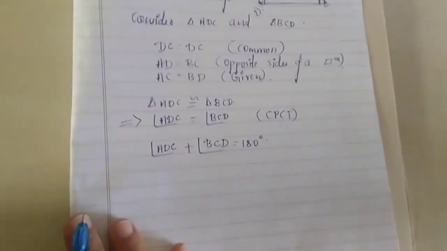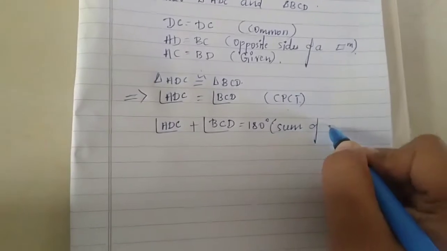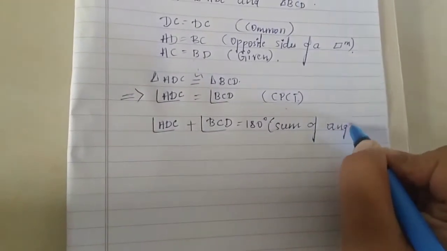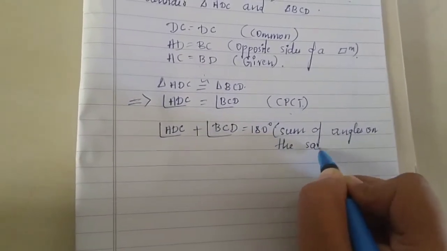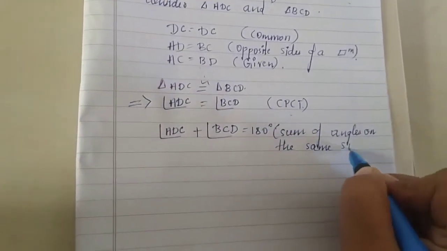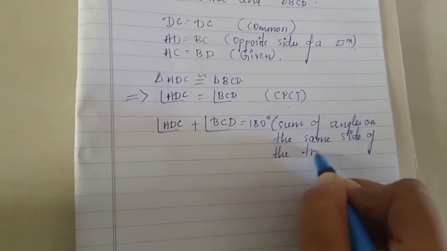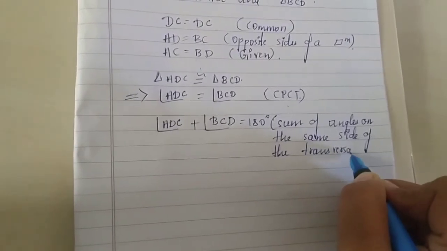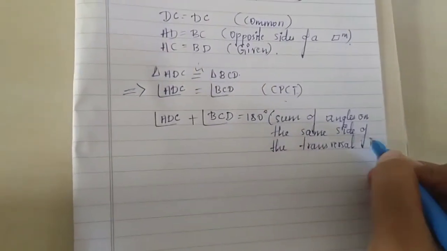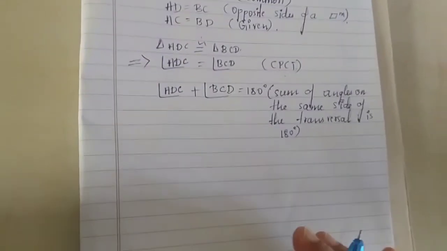Okay, so here I am going to write the sum of angles on the same side of the transversal is 180 degrees.